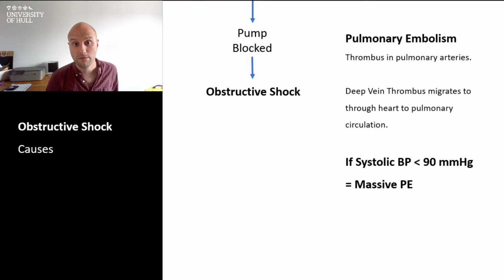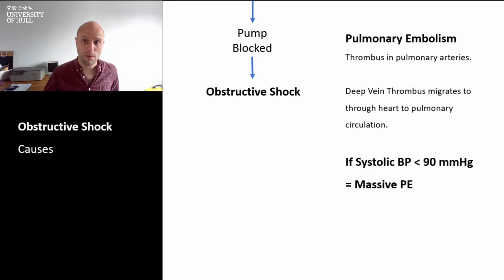The third type of obstructive shock that we're going to talk about is pulmonary embolism. And this is a thrombus forming in the pulmonary arteries. And it can be one big thrombus, a saddle thrombus, for instance, that sits in the main part of the pulmonary artery and obstructs the flow to both lungs. Or it may be lots of little clots throughout the lungs that increase the resistance against which the right side of the heart has to beat.